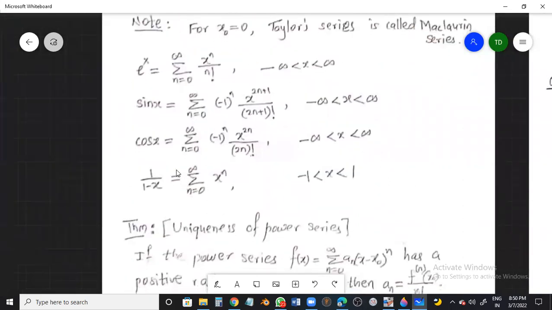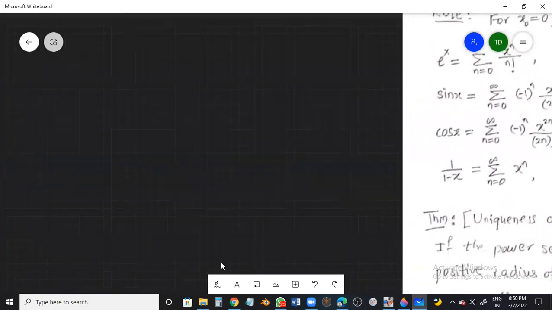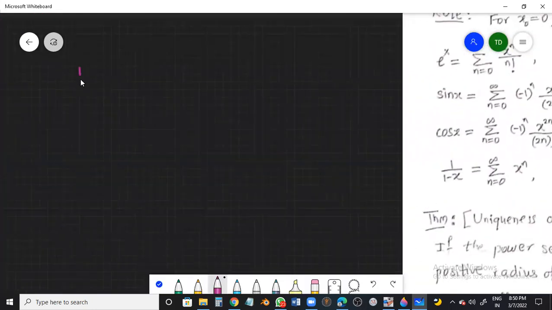Now you can see 1 upon 1 minus x, which we always require. You know the expansion of 1 upon 1 minus x, which you have already used. 1 upon 1 minus d you have written as 1 plus d plus d square plus d cube plus and so on.